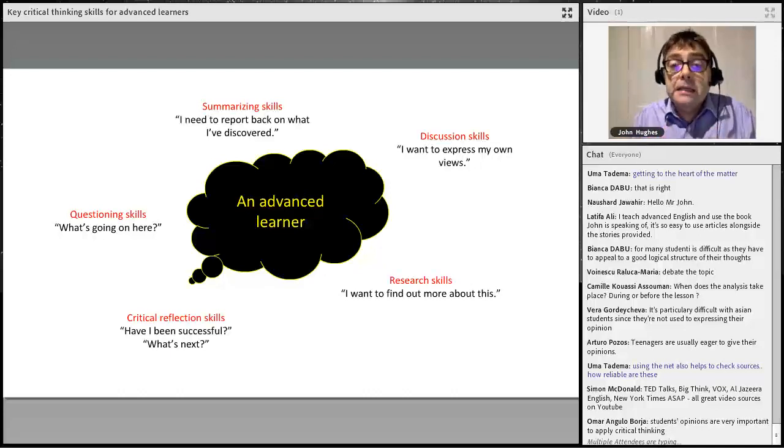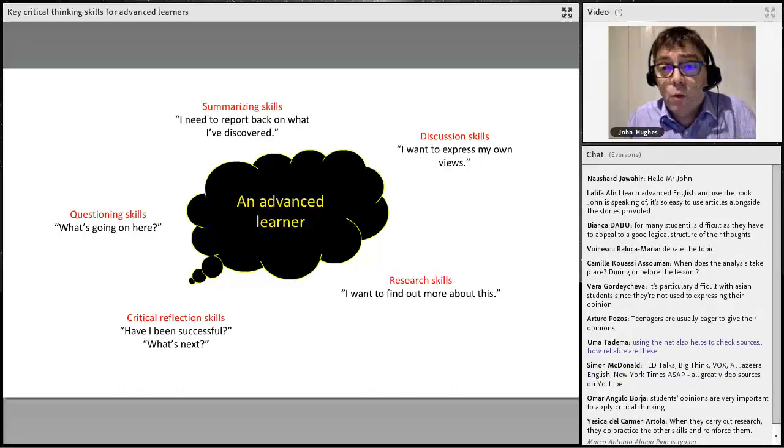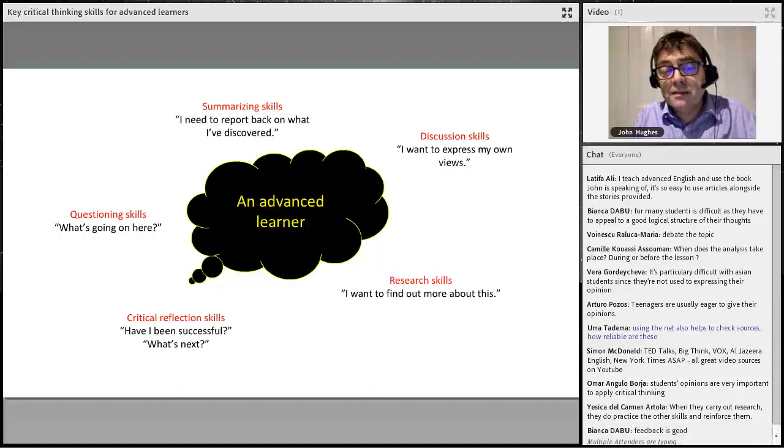Now, normally, teachers give feedback. We tell students, yes, you've made a mistake, or this was good, or this wasn't so good. But with advanced learners, I also want them to develop the skills to self-assess their own work and also peer evaluate each other's work. And we need to develop that skill and build it into our lessons.